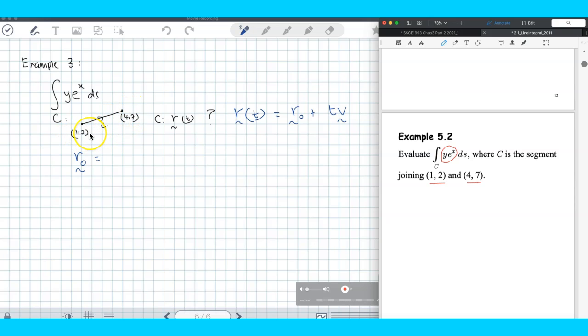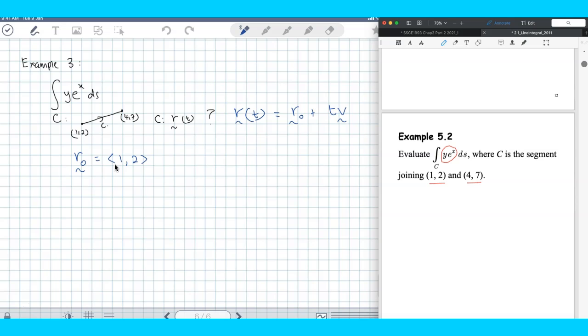Your final answer will be the same. Let's say I'm using the simpler point. I put it into vector form using the angle bracket here. So that is for component x, and for component y is 2. So that is the r0 position vector at the point (1, 2). We have the vector <1, 2>.